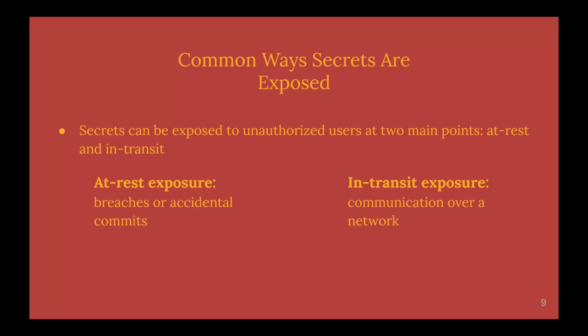In-transit exposure, on the other hand, occurs during communication over a network. In-transit exposure is a serious threat whenever plain text or unencrypted information is transmitted over the internet. However, it can be significantly mitigated by utilizing secure HTTP, better known as HTTPS, which encrypts information during transmission.